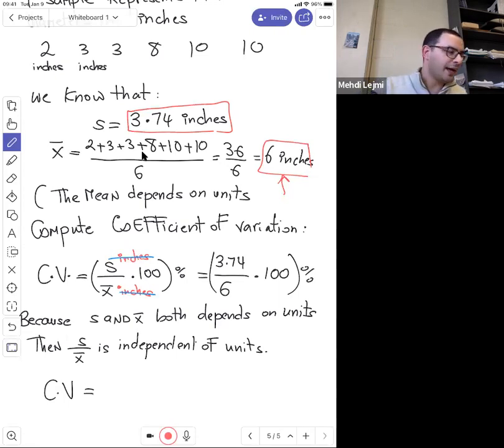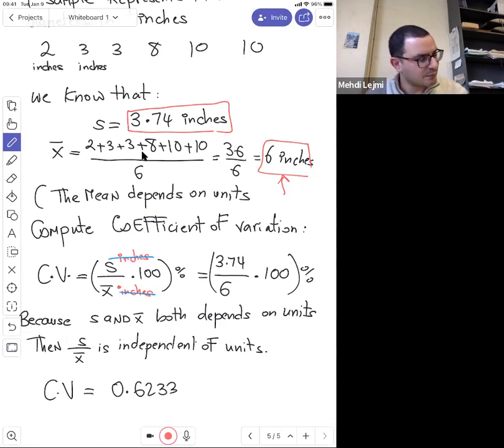So when you divide S by X bar, so we divide 3.74 by 6, you're gonna get like 0.6233. So that's what we get when you divide 3.74 by 6.